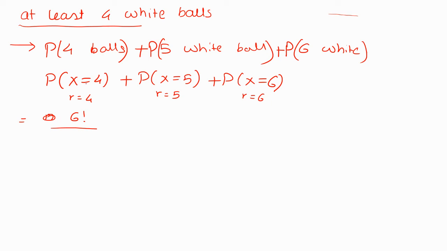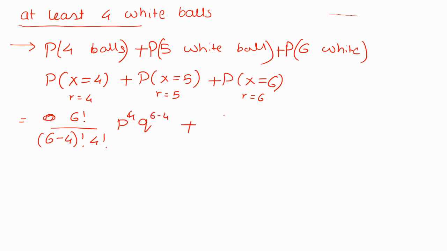Now, probability of x equals 4 will be 6 factorial upon 6 minus 4 the whole factorial, 4 factorial. The p value will also remain same, p raised to 4 q raised to 6 minus 4.